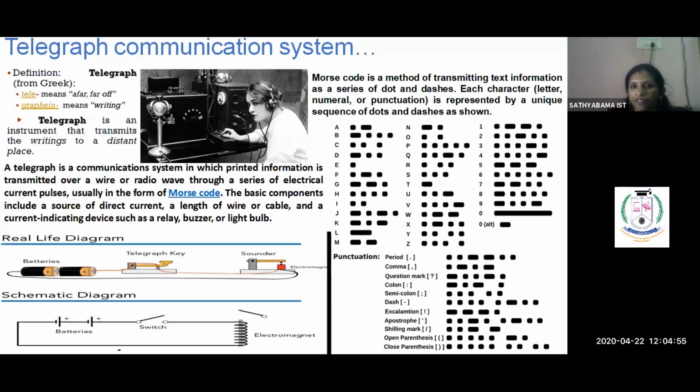Each alphabet, whether uppercase or lowercase, has the same code. Each numeral, punctuation mark, or alphabet is represented by a sequence of dots and dashes. These are the dots and dashes used for the various alphabets, punctuation marks, and so on, and they represent the significance of each and every alphabet.